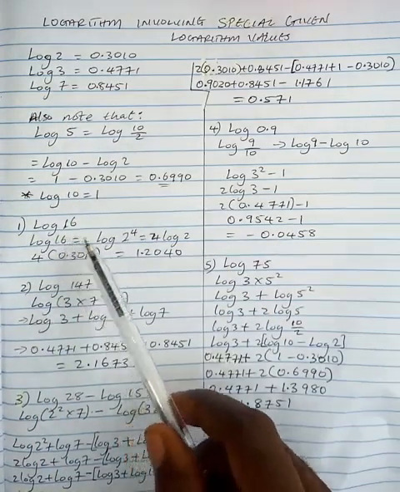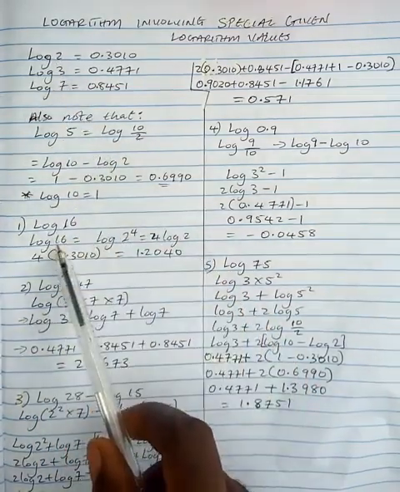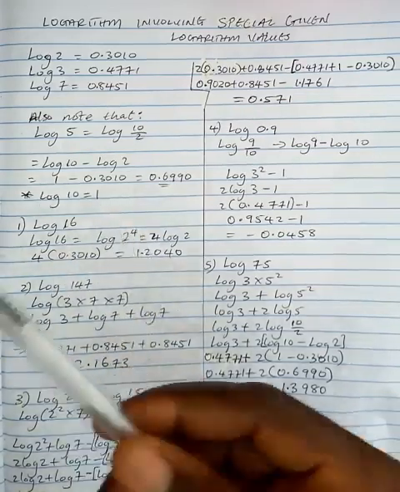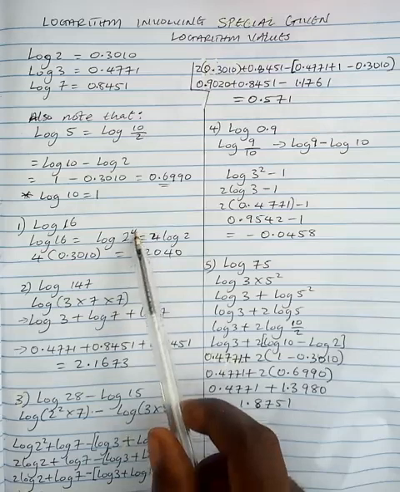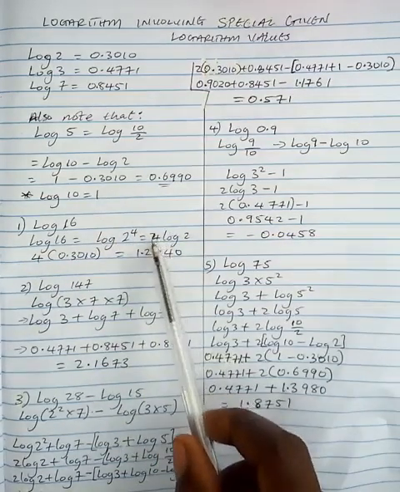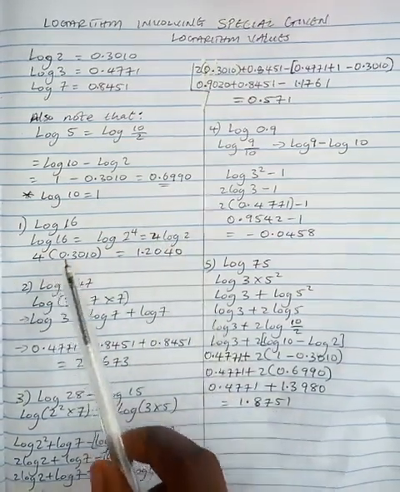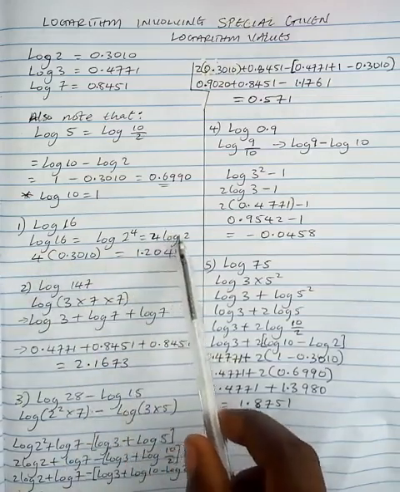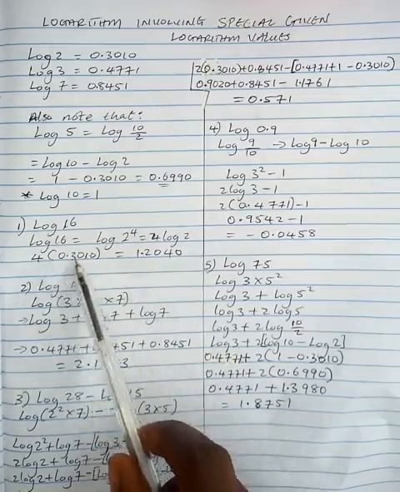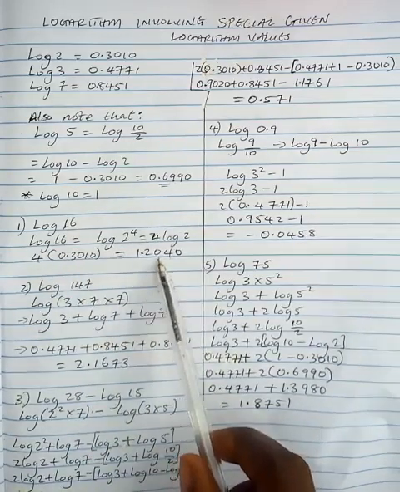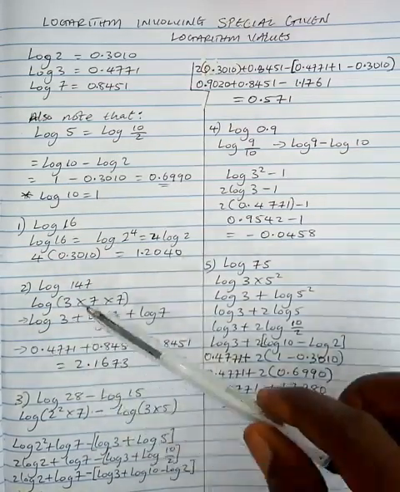Of course, from 16, we know that 2 can help us with that. So 2 raised to the power of 4 has given us the 16 already. Now, this 4 multiplies the log, that's following the power law of logarithm. 4 multiplying the log, we have log 2 left. Now we have 4 times log 2, which is 0.3010. 4 times this will give me 1.2040. That's it for the first question.